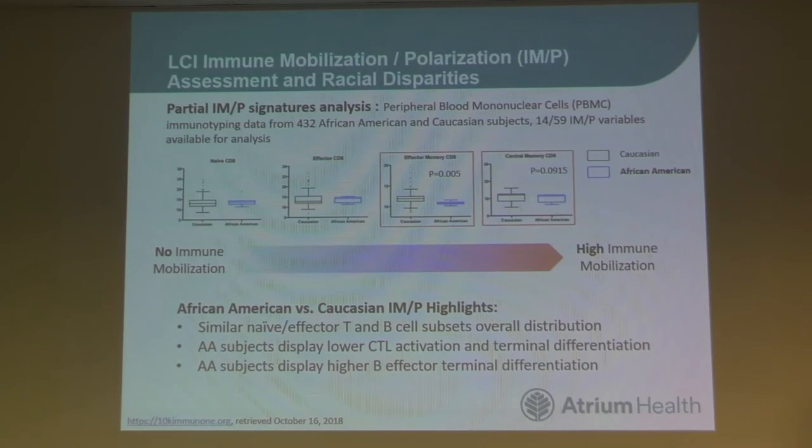The answer is no, because when we look at other immune effectors, B cells for instance, in this particular cohort, African American subjects tend to have more activated B cells. So what it means is that different ethnic groups as a whole tend to allocate immune resources slightly differently, and that may have big consequences when patients receive immune checkpoint therapy.